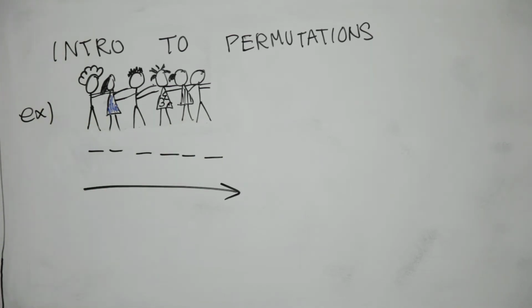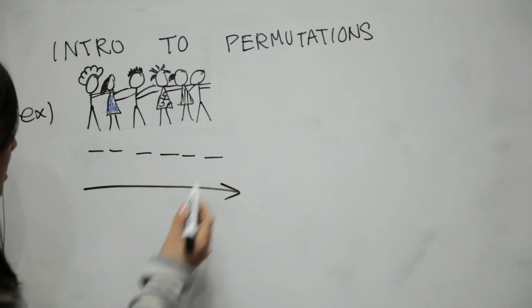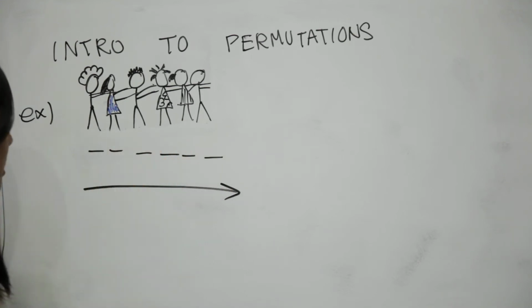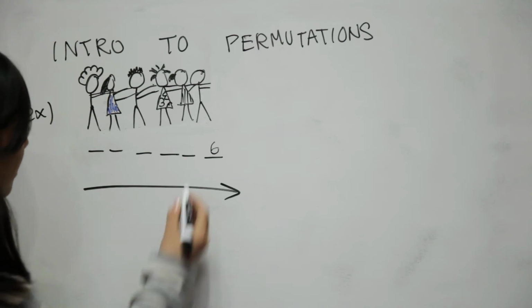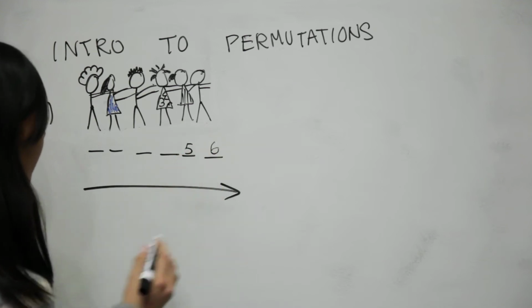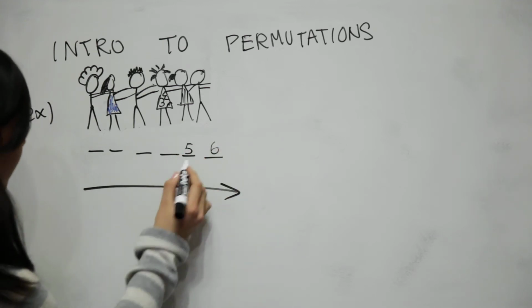Now, using the fundamental counting principle, we can actually figure out how many permutations there are of this order. For the first position, there are 6 people, 6 possibilities for the first slot. For the second position, there are 5 possibilities because one person has already been chosen for the front of the line.